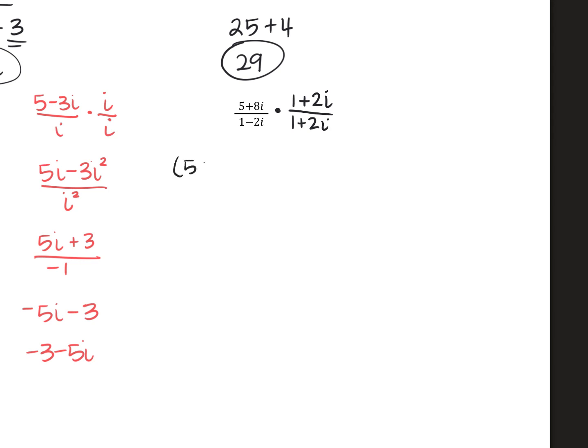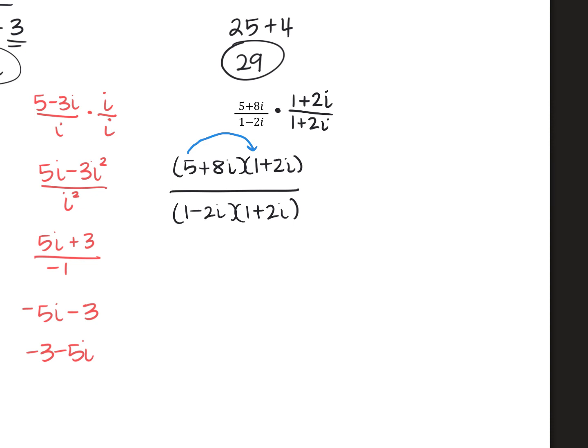So my numerator, 5 plus 8i times 1 plus 2i, all over 1 minus 2i times 1 plus 2i. And just like with the radicals, I have to multiply everything in the first set of parentheses by everything in the second, in the numerator and the denominator.